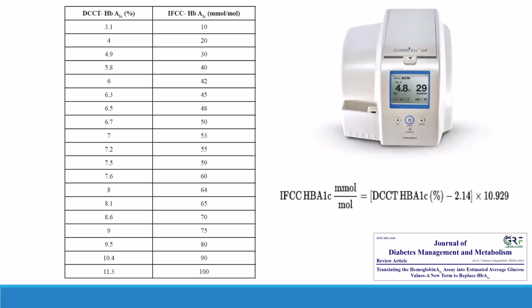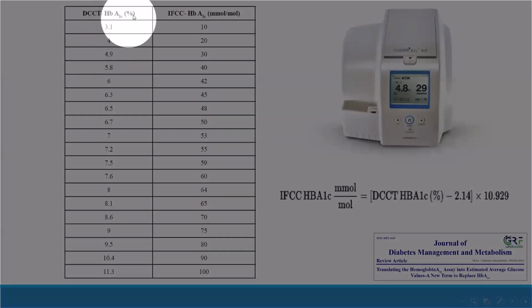Another very important unit is for hemoglobin A1C. As you know, a lot of societies mention hemoglobin A1C by percent, but the UK uses millimole per mole. So don't forget, 6% hemoglobin A1C is equivalent to 42. And actually to convert, you require a difficult equation like this.